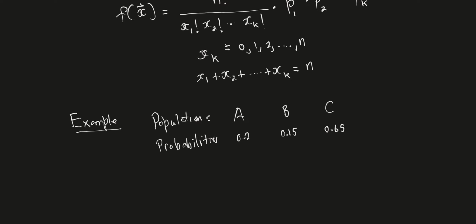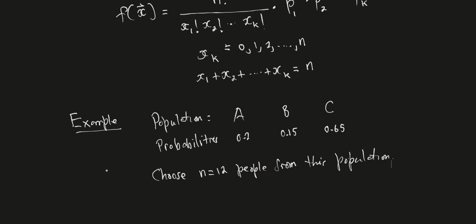And what we're going to do is randomly choose 12 people from this population. So here's our experiment. We're going to choose n equals 12 people from this population. Then we're going to do two questions.